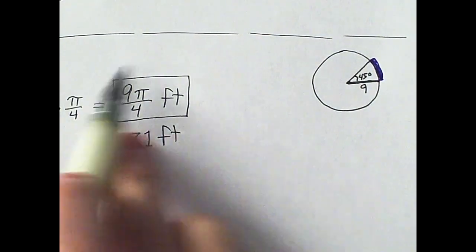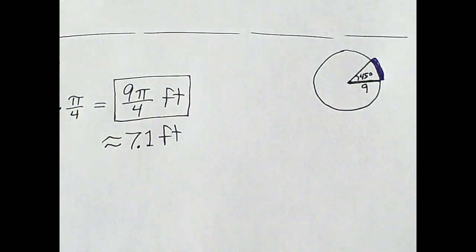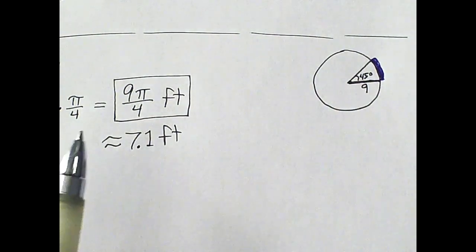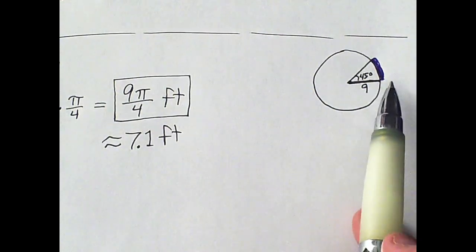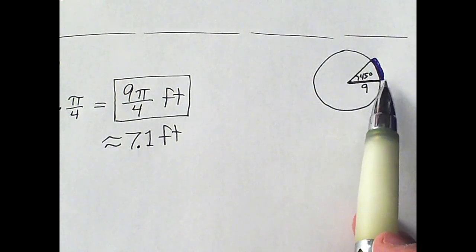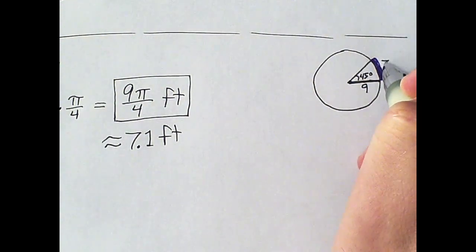Now, I like the answer the way we put a box around it, because that's the exact answer. It's exactly 9 pi over 4 feet. The reason I checked it with a calculator here is I found that it's 7.1 because I was able to look at this picture and ask myself, does 7.1 kind of make sense? And yes, I think it does.